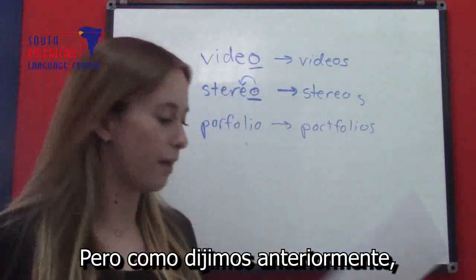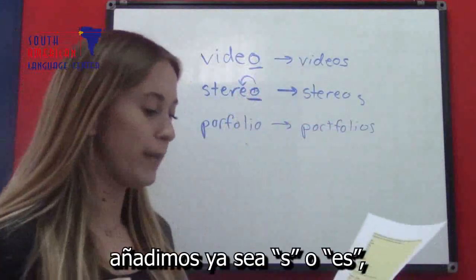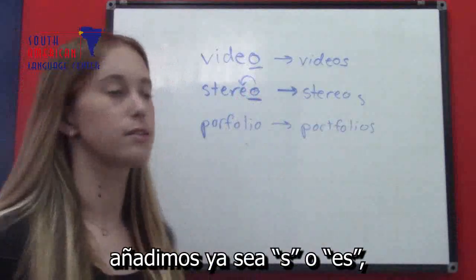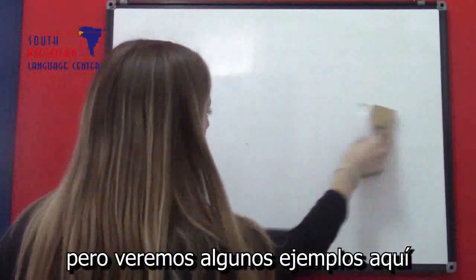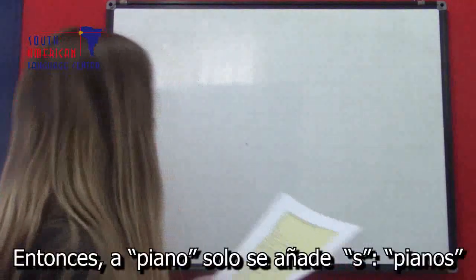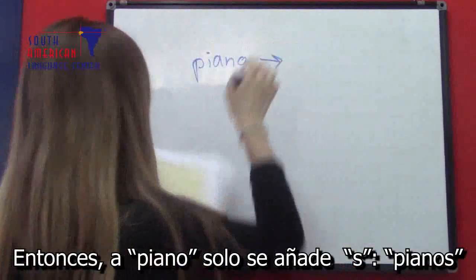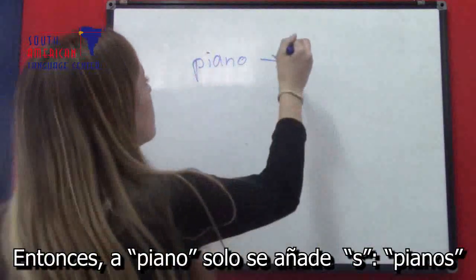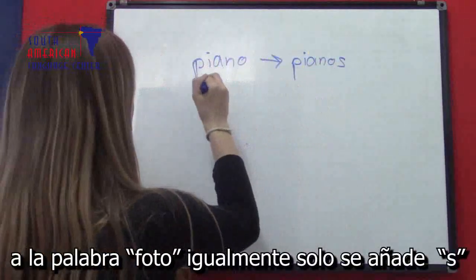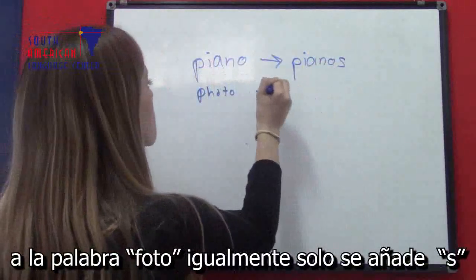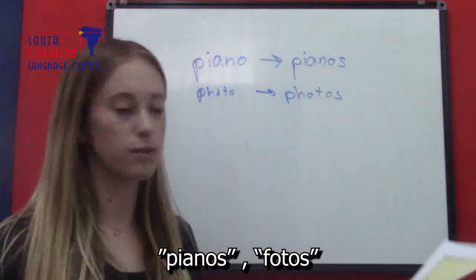But, like we saw before, if the word ends in O but is preceded by a consonant, we add either S or ES, which I know is kind of complicated, but we'll see some examples here. So the word piano, you just add an S. Pianos. The word photo, you only add an S as well. Pianos, photos.